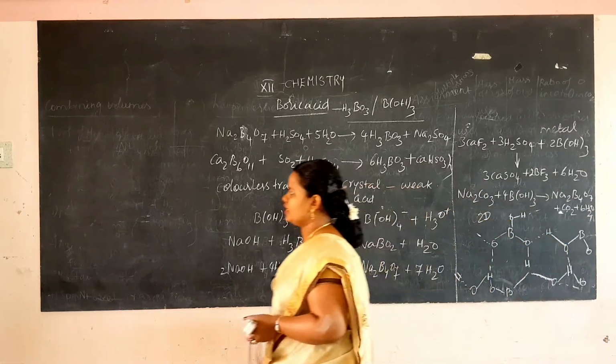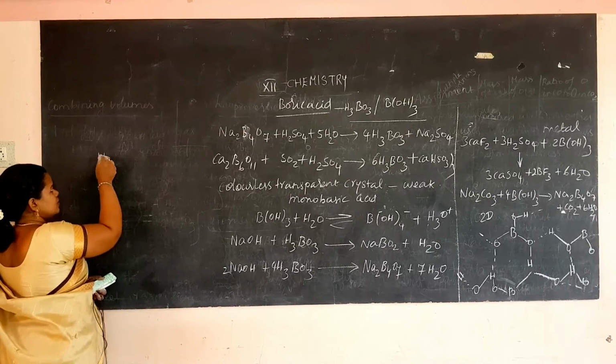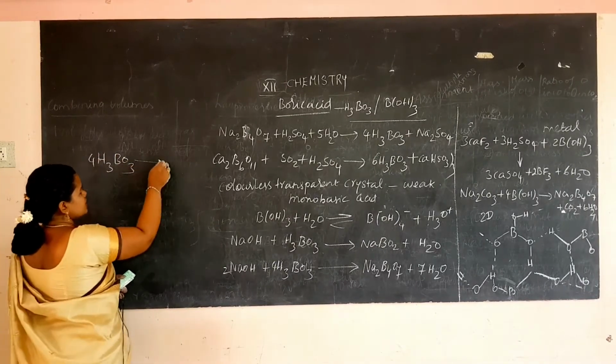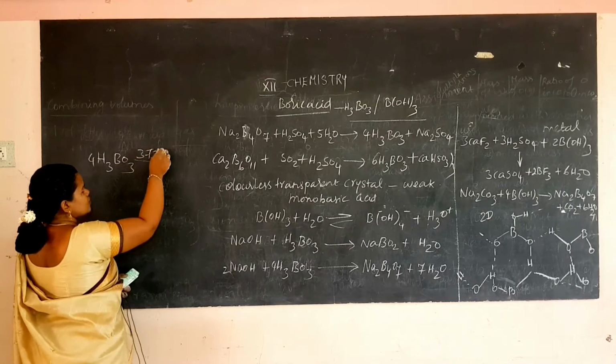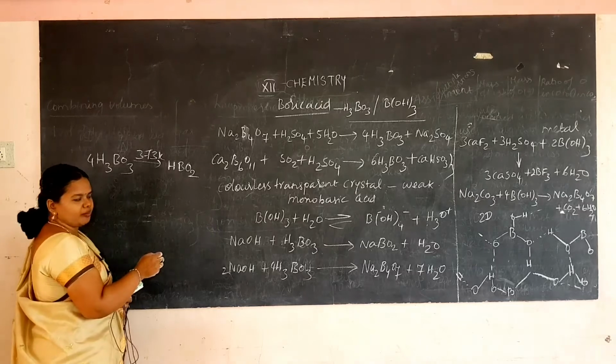Then the action of heat. When boric acid H3BO3 is heated at 373 Kelvin, it forms metaboric acid.